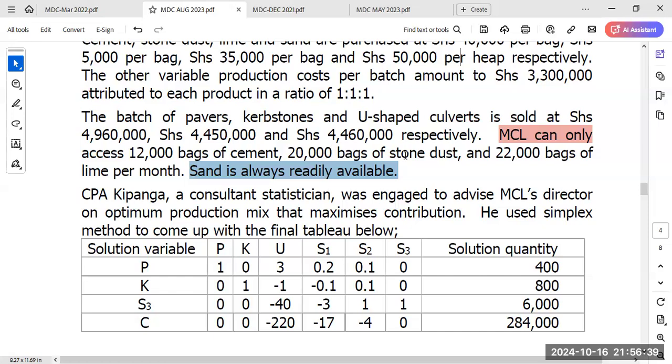How? It is always readily available. It means that this cannot be a limiting factor. So as you state your constraints, we don't expect this to appear anywhere as your constraint. It is always readily available. And you realize that actually you cannot even formulate an equation for sand.